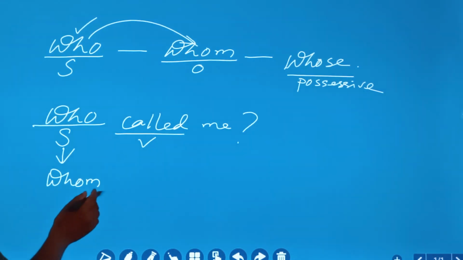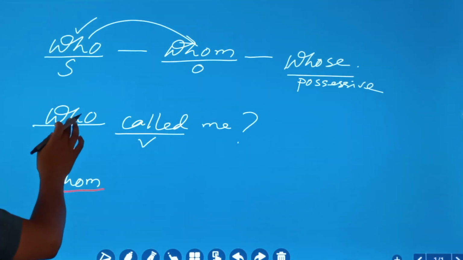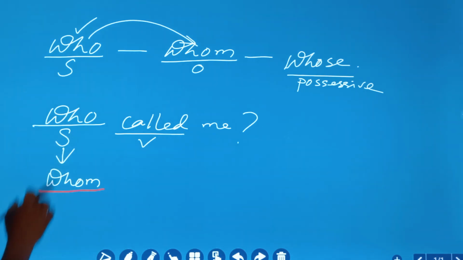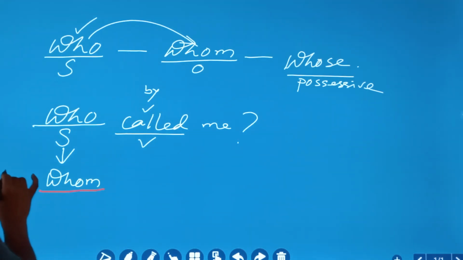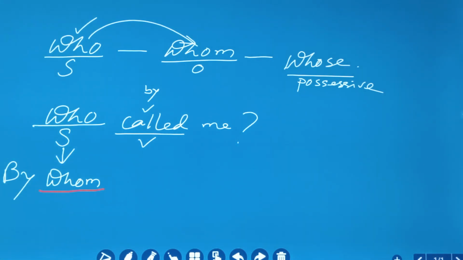So here the object is whom. As we know, the subject is who and its objective form is whom. So as the subject is becoming the object in the passive voice, we need to take one preposition before it, and the call verb will take the by preposition. That's why comes the matter of taking the preposition by. So in this way who becomes by whom in the passive voice.